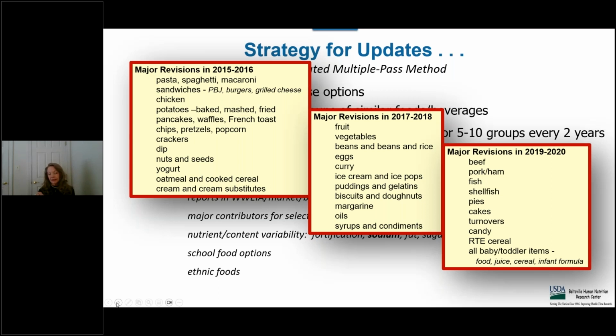And these are detailed and documented in the database and the documentation for the FNDDS. But you can see the large number of categories that we are going in and looking at, not only the questions in AMPM, but the nutrient profiles for the foods that fall within these categories.